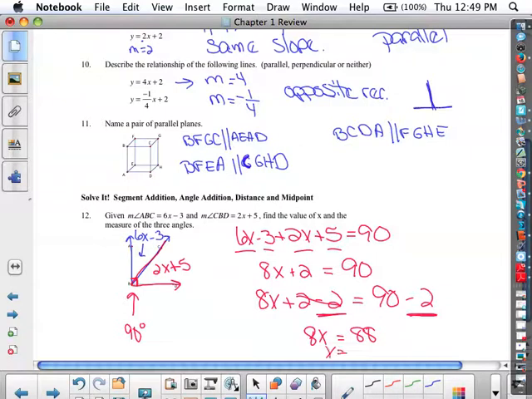So x is equal to 11. Then the measures of the 3 angles. So the measure of angle ABC is equal to 6 times 11 minus 3, or 63. The measure of angle CBD is equal to 2 times 11 plus 5, so that's 27. And of course we know that the measure of ABD is 90.